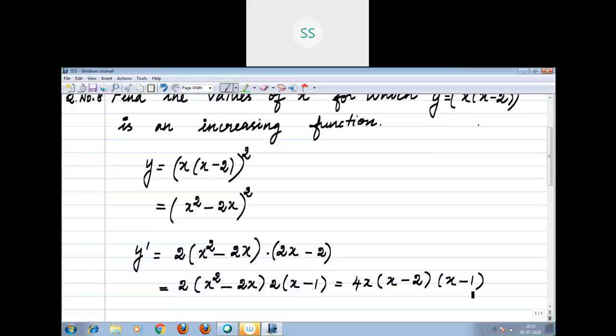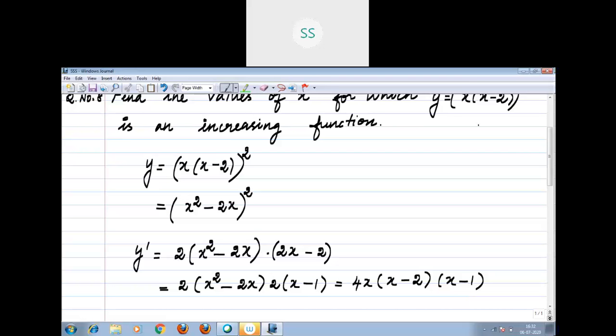Again, I repeat: x into (x minus 2) the whole square. Then multiply x inside to get (x square minus 2x) the whole square. After that you differentiate: 2 into (x square minus 2x), then differentiate what is inside the bracket, using the same concept. x square gives 2x, and minus 2x gives minus 2.